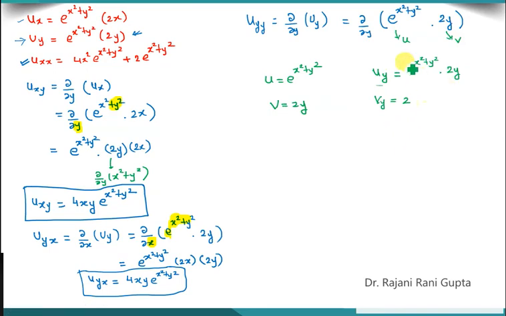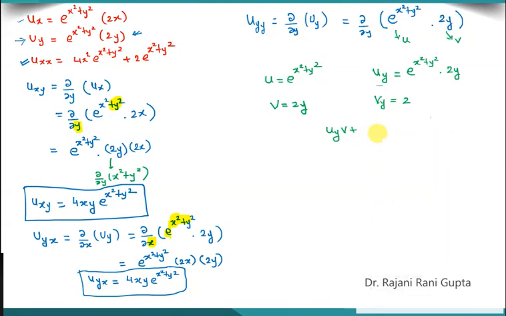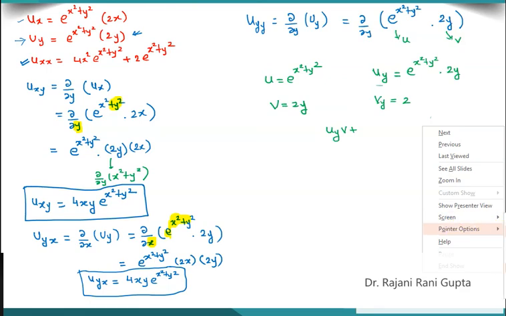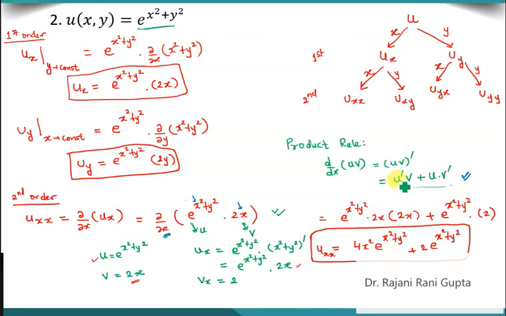Now substitute this in the product rule. So the product rule in this case will become uy times v plus u times vy, like we did here. Here, in place of u dash we used ux times v plus u times vx. This is what we followed in the previous one.